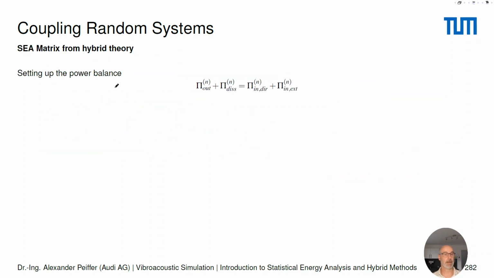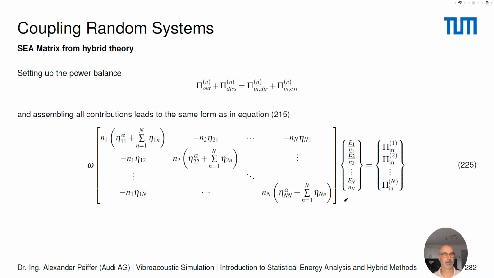If we set up the power balance of all of this and put all the sums together, which I will definitely not do in this lecture, but you can do as a small exercise if you want, you will get a matrix equation which looks exactly like the SEA matrix that I have derived in a more general way of balancing the power flow. This is exactly the same matrix. So this is the losses in one subsystem and the power flow into all the other subsystems.